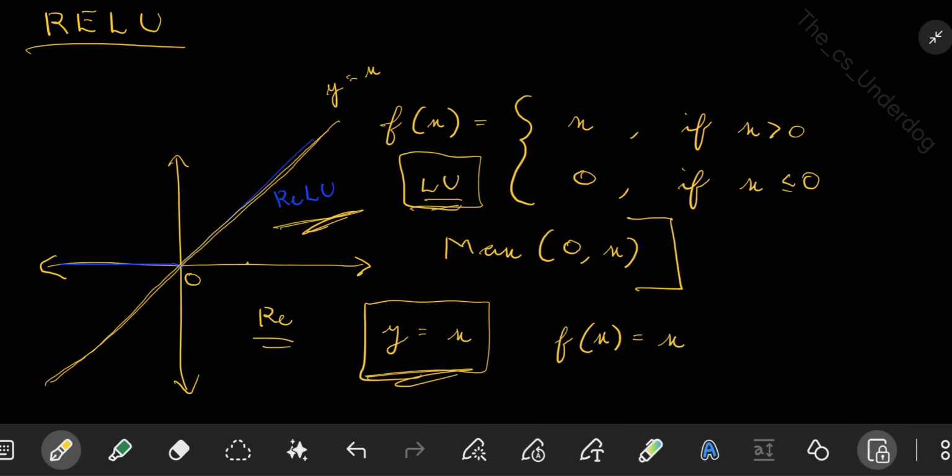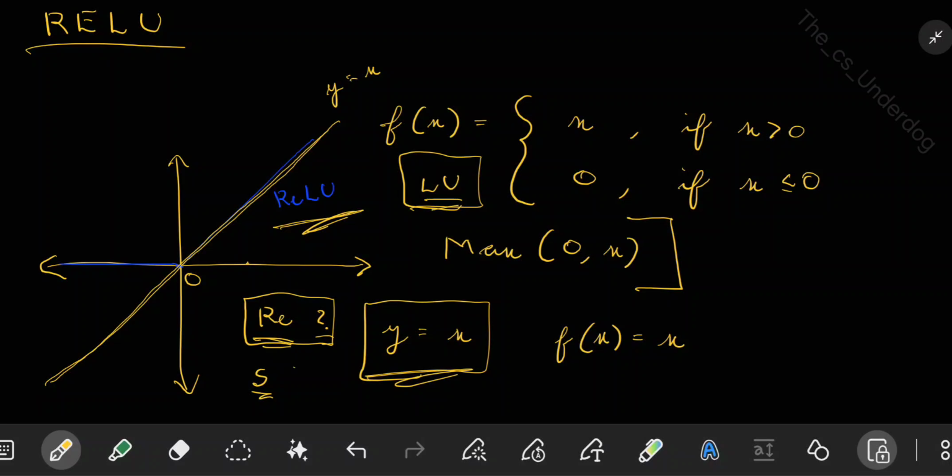Next, let us see what is rectified. This particular term, rectified, comes from the concept of signal processing. What is rectification of a signal? Rectification means converting a signal such that all the negative values are removed, or need not necessarily be removed. They can be changed to positive as well. Either case, you will call it a rectified signal. For example, you have a full wave rectifier in signal processing.